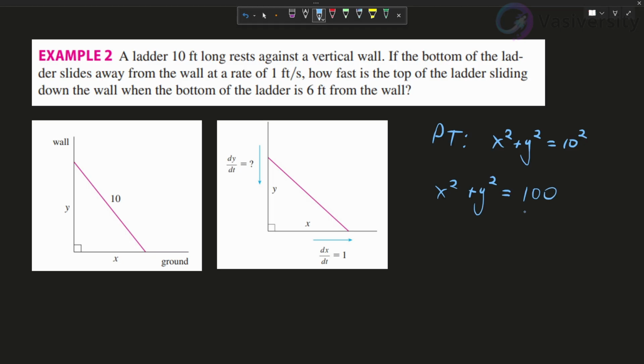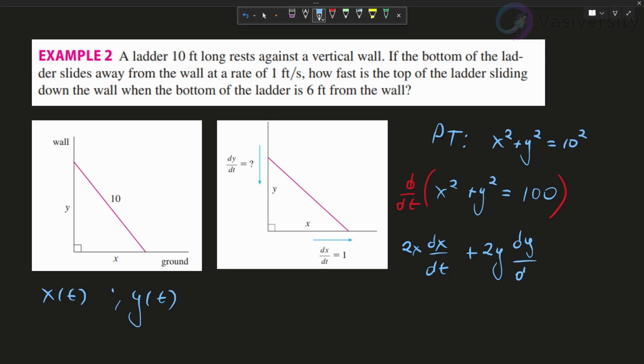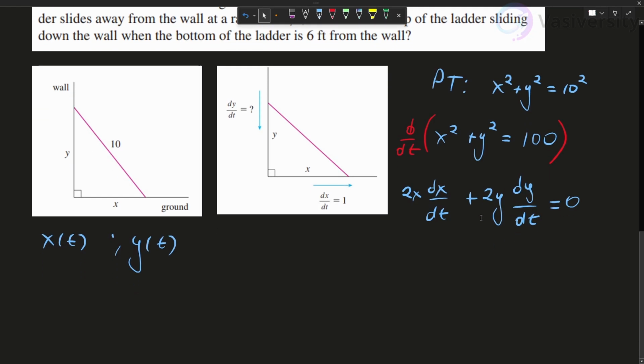Now we have to use the chain rule to take the derivative. We're thinking about x being a function of time and y being a function of time, so we take a derivative with respect to time, d/dt. We have 2x times dx/dt plus 2y times dy/dt, which is equal to 0, because the derivative of a constant is 0.